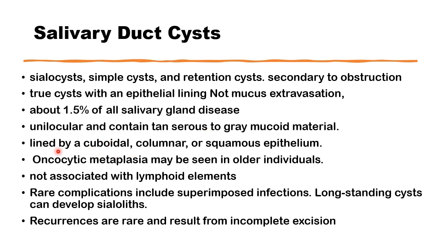Sometimes there may be oncocytic metaplasia, particularly in the elderly, but they are not associated with any lymphoid infiltration, and what they can cause is either a blockage of a small duct or a superimposed infection in the area, or sometimes in long-standing cysts they can lead to stone formation due to the saliva flow reduction in the area of the cyst. The management is surgical excision. Recurrences are rare and result from incomplete excision.